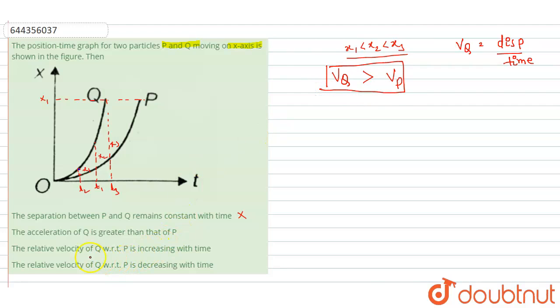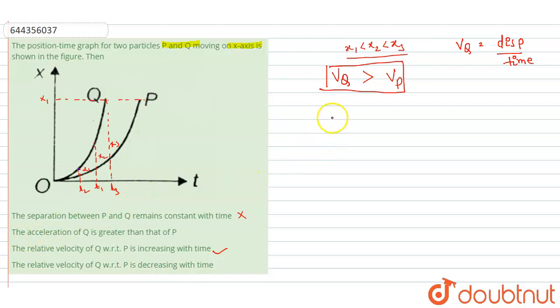Now in this option, it is saying that the relative velocity of Q with respect to P is increasing with time. So if we find that this is the relative position separation, so x1 is increasing, the separation between Q and P is increasing with respect to time. So we can say that the relative velocity of Q with respect to P is increasing with time. So this option is also correct.